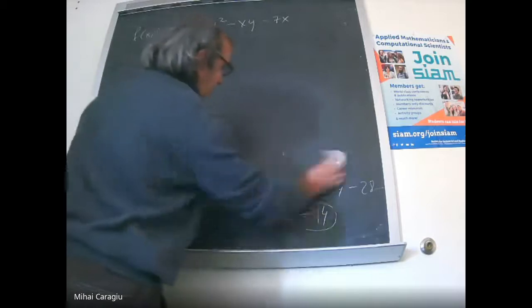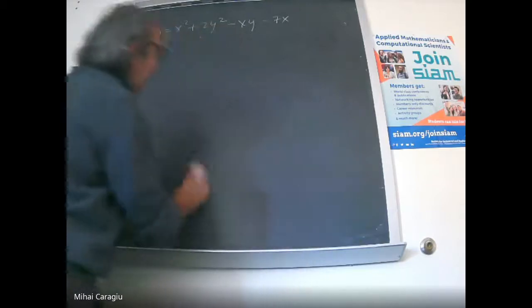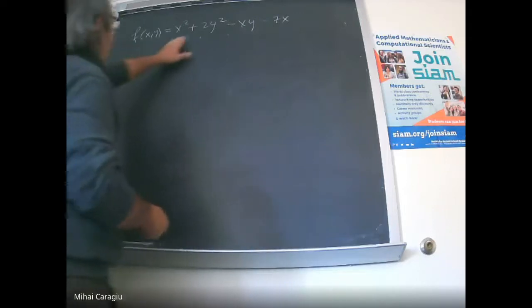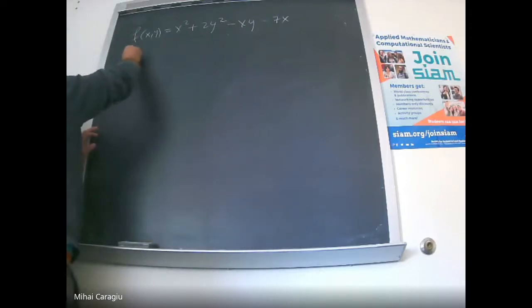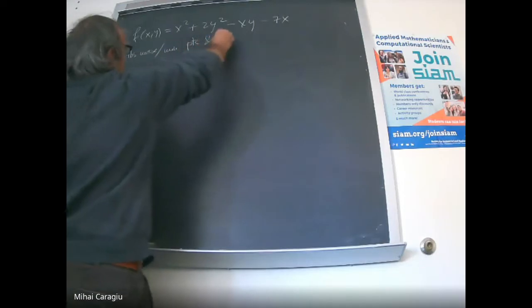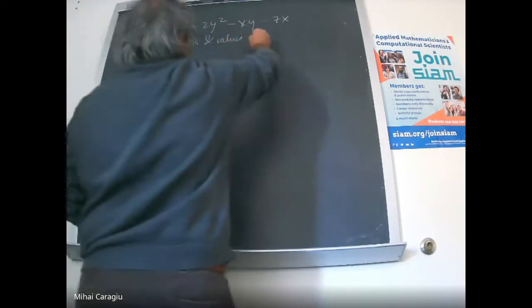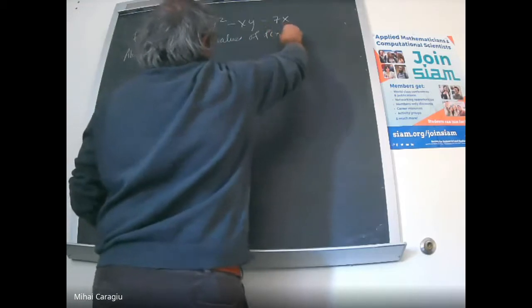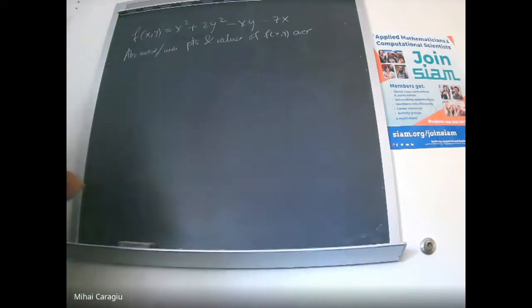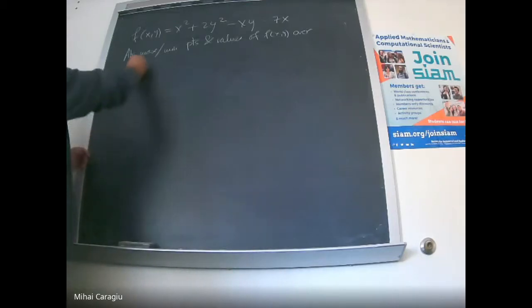So we want to find the absolute maximum slash minimum points and values of f of x, y over the following compact domain D, because every continuous function on a compact domain, bounded and closed, contains its boundary.